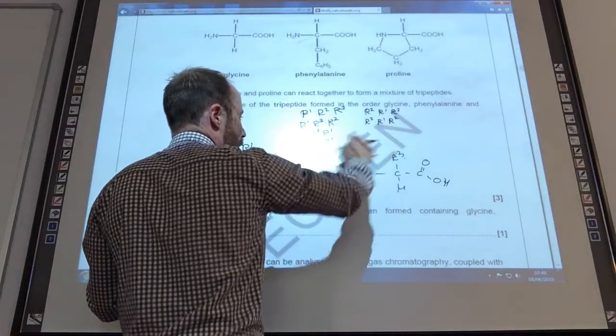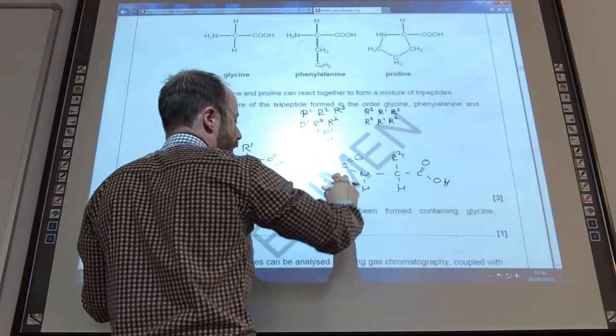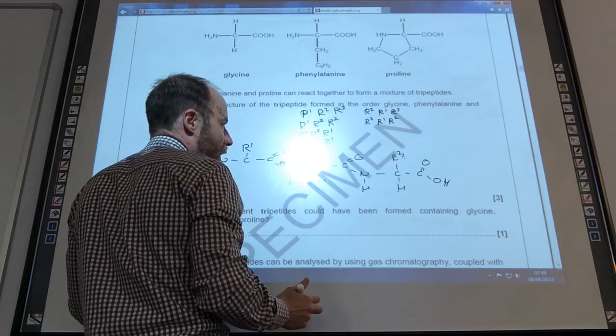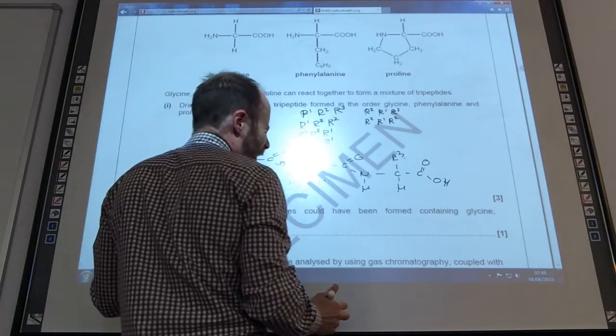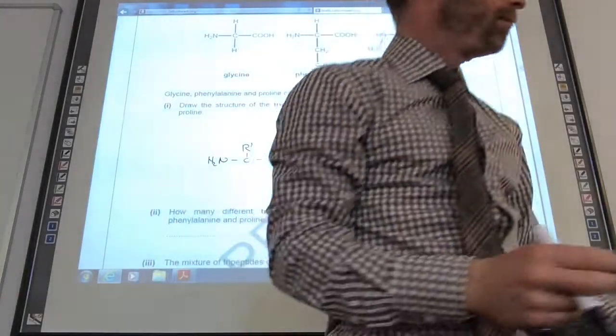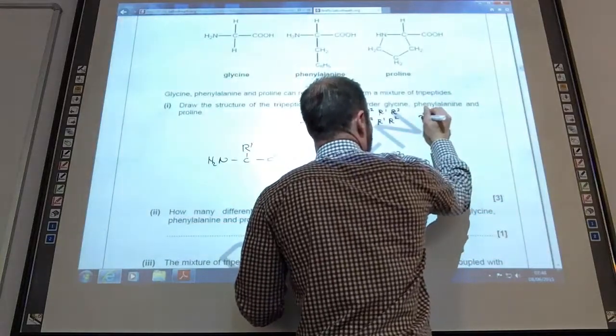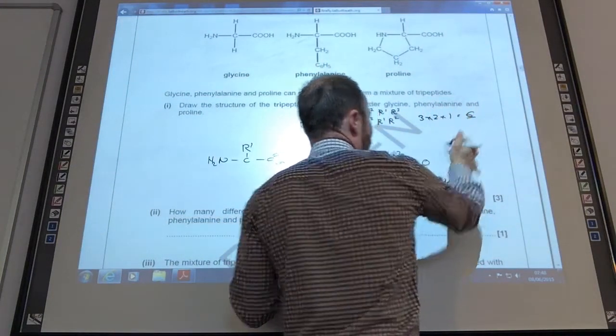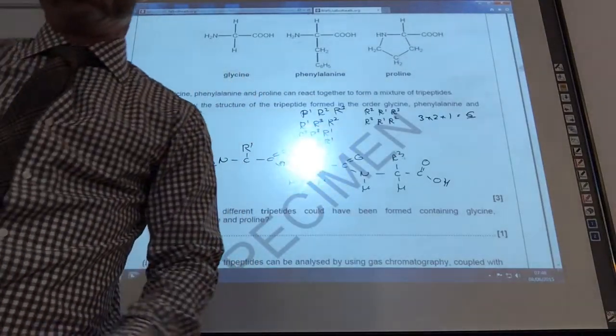And then the final two are where I've got R1 in the middle. So there's actually 6 overall. The easy way to do that is 3 times 2 times 1, which gives you 6. And that gives you the easy formula to use.